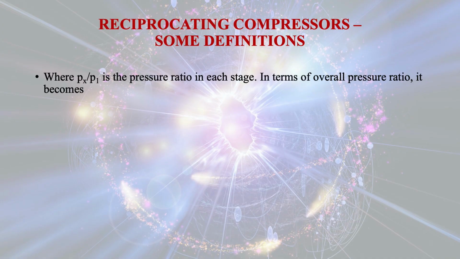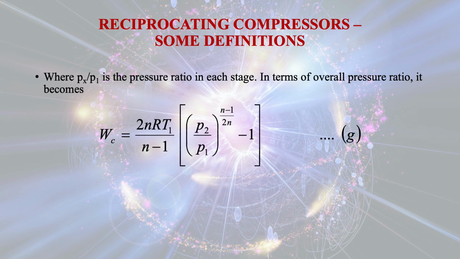Here R is the gas constant, T1 is the initial temperature of the air before compression process, P2 is the final pressure, P1 is the initial pressure, where Px by P1 is the pressure ratio in each stage. In terms of overall pressure ratio, it becomes Wc is equal to 2nRT1 divided by n minus 1 multiplied by P2 by P1 to the power n minus 1 by 2n minus 1.